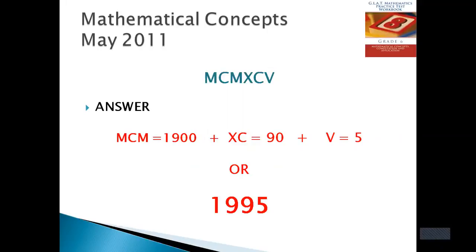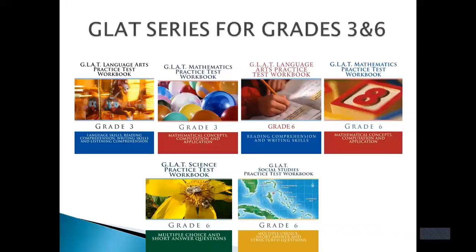We'll continue with the next 5 questions in part 2 of this lesson, where we're going through answer keys. And I want to say that we will continue each week to go through the explanations of answers on past GLAT papers. You can find the workbooks for these questions.